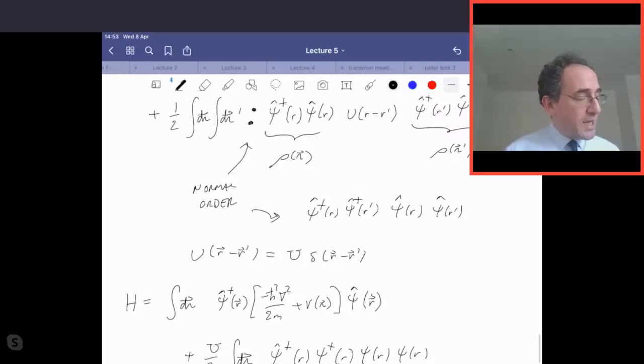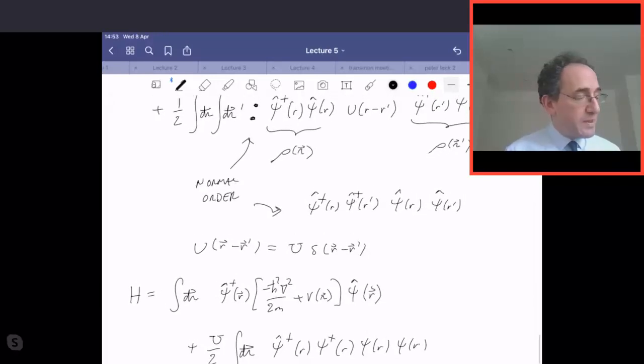I've also made it a little smaller so you can see them both at the same time.